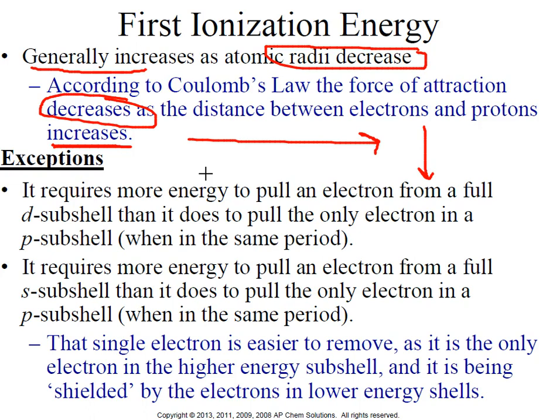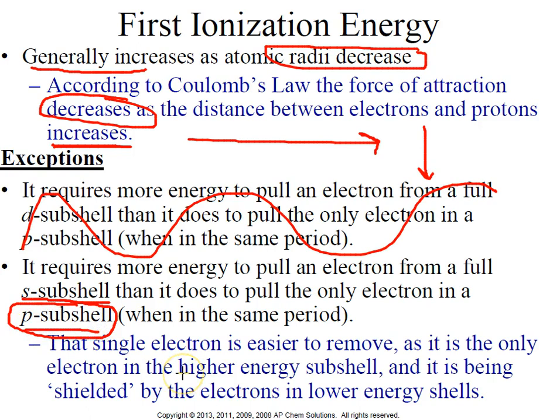One exception is when we move into the p sublevel. It's going to require more energy to pull an electron from the s than it does from the p. Why?